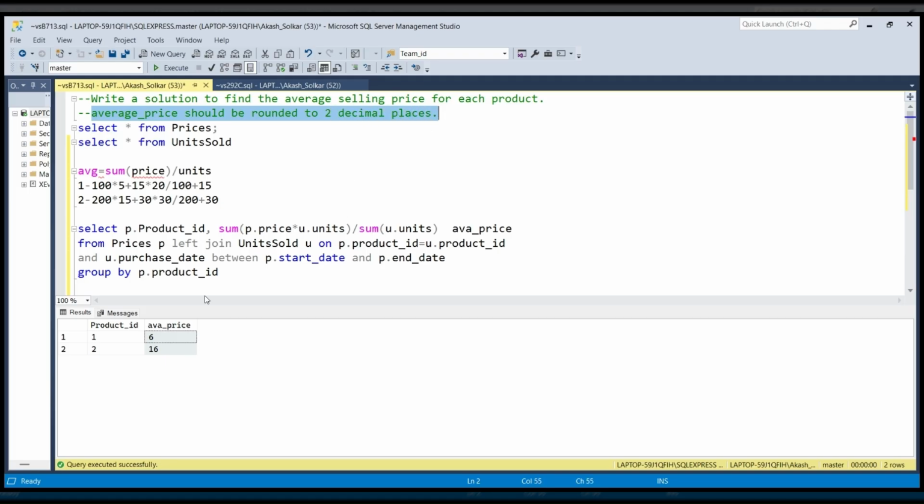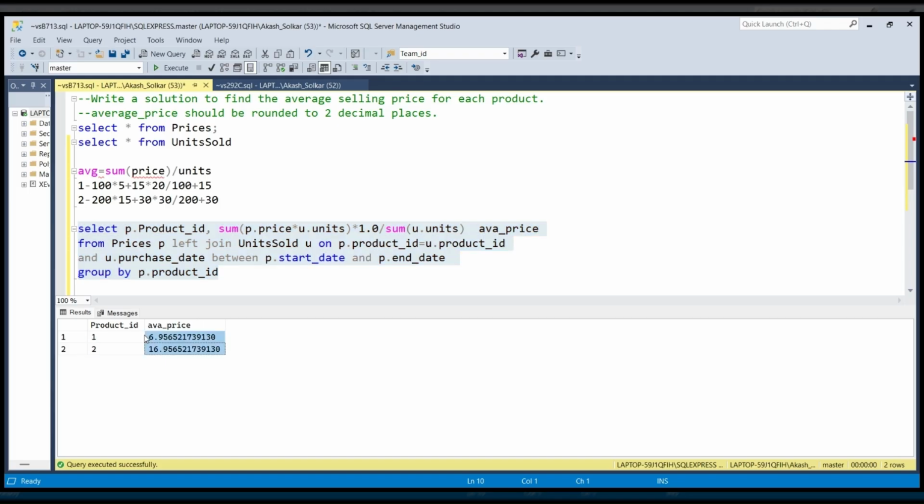We are getting the average price as integers because price and units are integers in the table. So I want to convert the average price into a float. For that I am multiplying the sum of price and units by 1.0, converting the integers into decimal values, so I will get the values in decimal format.